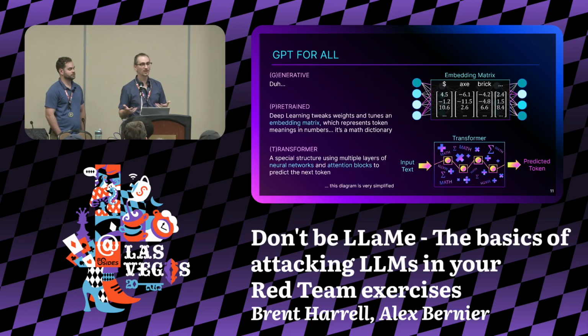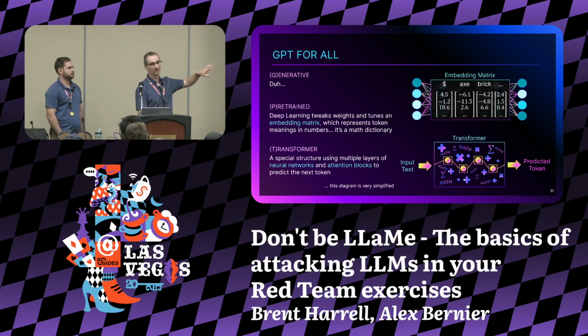But another key element of training in this case for the LLM is it's also going to create its dictionary called the embedding matrix. Now, this dictionary is the series of all the tokens that it knows based on the input data that it's seen. So it'll go through a tokenizer, and then it'll create these embeddings, which are long vectors of numbers. Now, this audience is probably more familiar with the term array. It's similar. It's a long series of items where the indices can be individually accessed, and they have their own meaning.